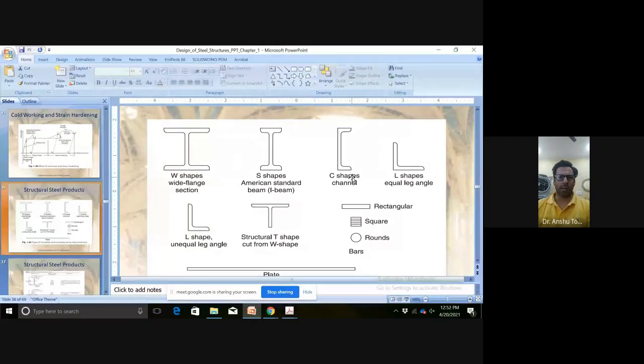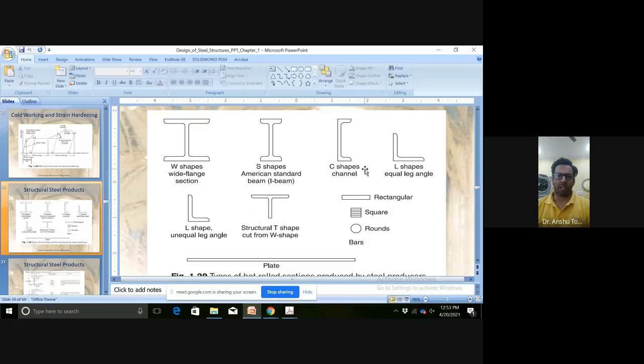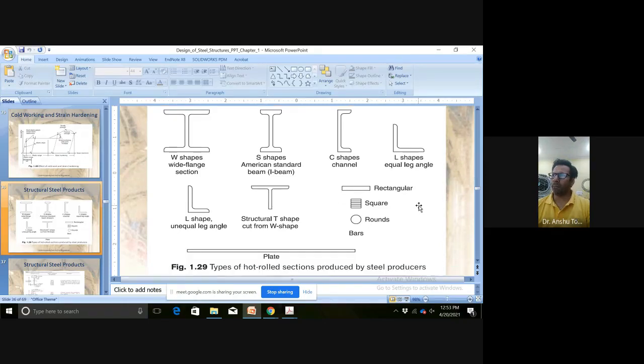So in the last lecture, we were discussing what the commercial forms of structural steel available in the market are as a commercial product. I have told you that these are the forms which are available in the market as structural steel members, which broadly are being used.